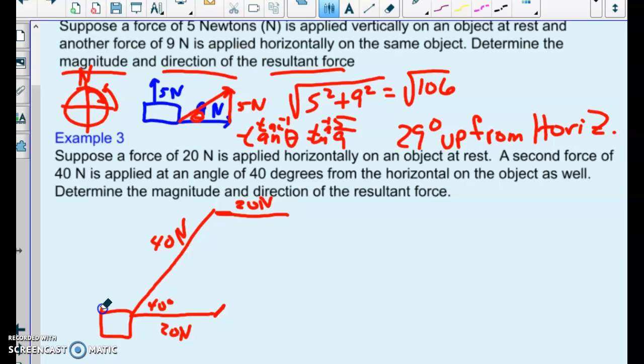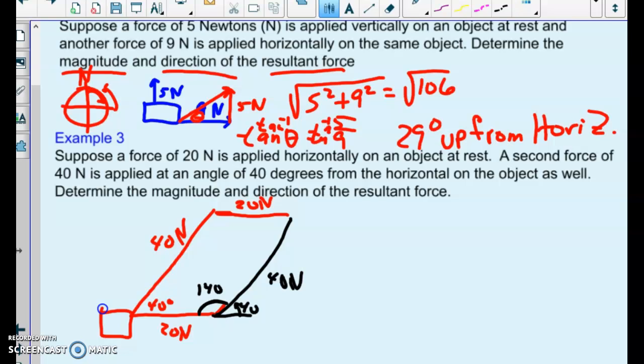And over here, if I'm moving the 40 newtons, this would be the 40 degrees because this is 40 above horizontal. This angle in here would actually be 140. So something to be aware of, that 40 degrees from horizontal may not be the angle inside the parallelogram. It may be outside the parallelogram.